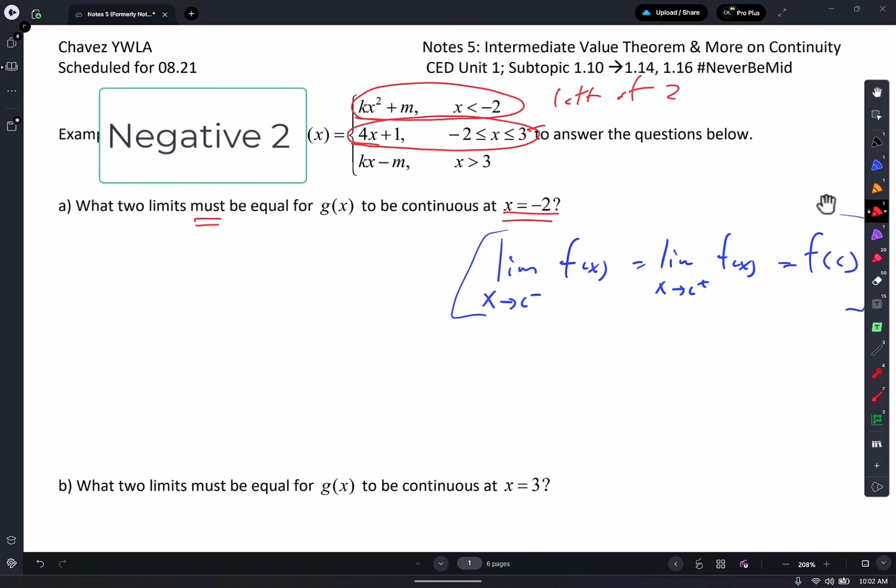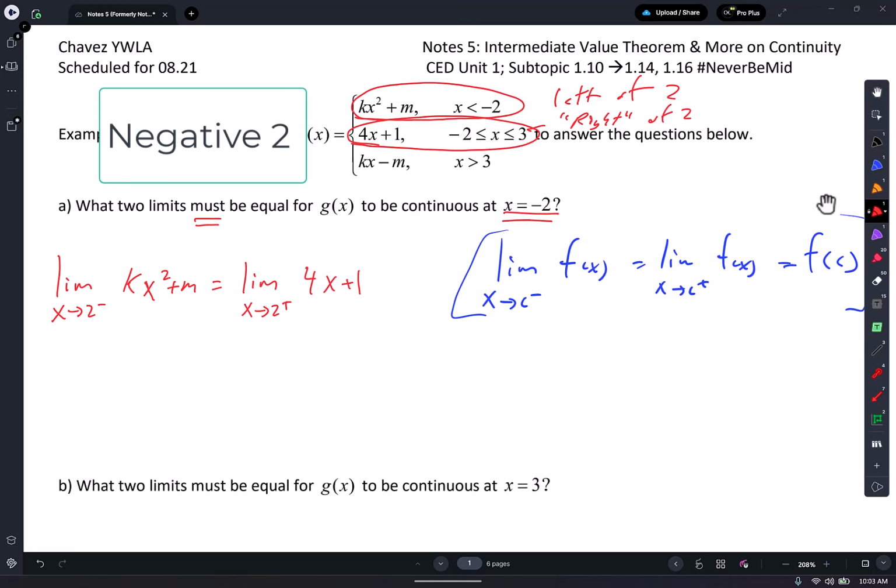This one right here, I'm going to put right in quotes of 2, because it also is left of 3, but we're not there yet. So I must have the limit as x approaches 2 from the left of kx squared plus m must equal the limit as x approaches 2 from the right of 4x plus 1.